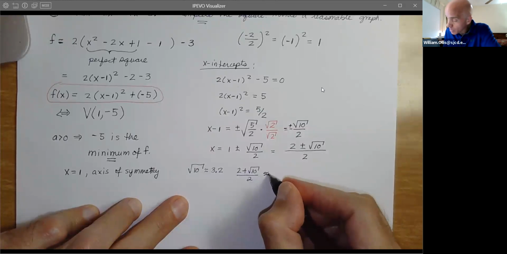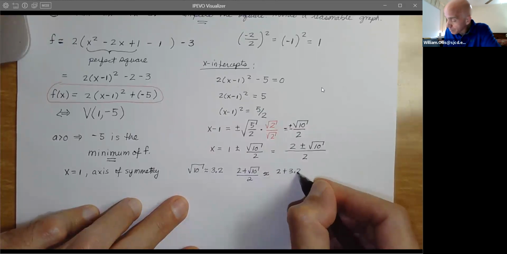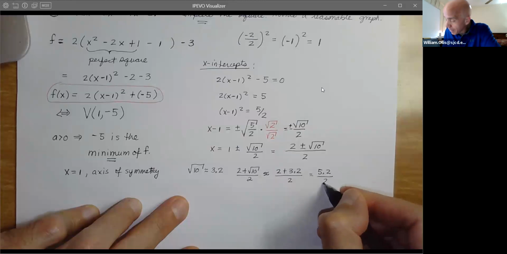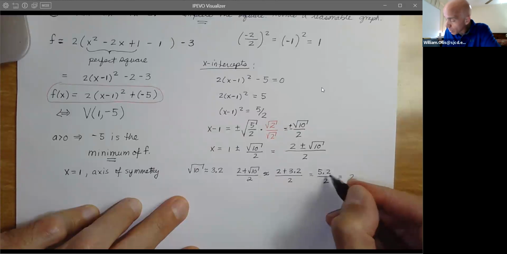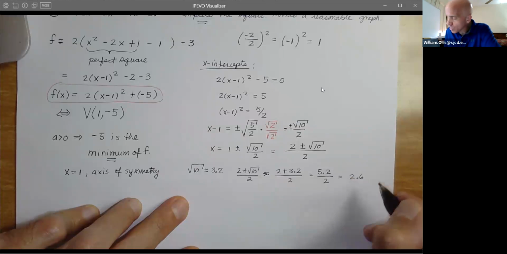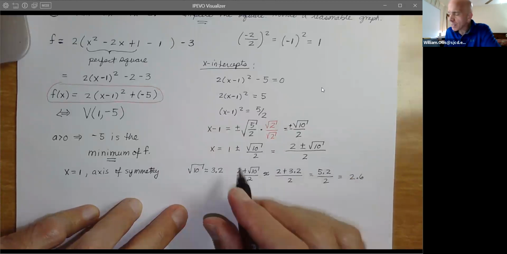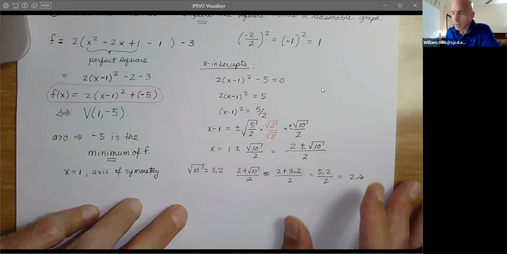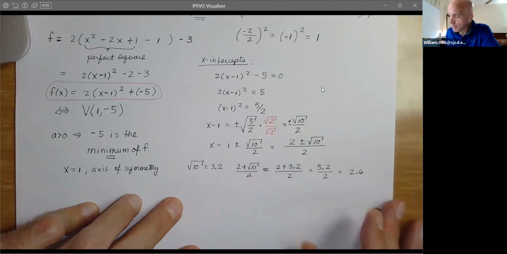This will be approximately 2 plus 3.2 divided by 2. So this will be 5.2 divided by 2, so 2.6. So that's just a rough estimate. That's all we need for the graph. We're not doing a fancy calculation with the Google calculator. We're just getting a roundabout value like I do in some of the Smart Pen videos.